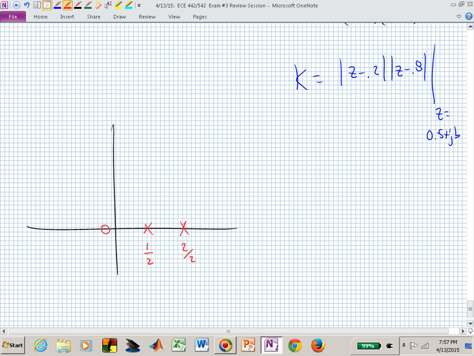Makes a circle, doesn't it? What you don't know without calculating it is the radius of that circle. But you do know this real axis piece. You have 2 branches of your root locus on each real line segment that belongs to the root locus.